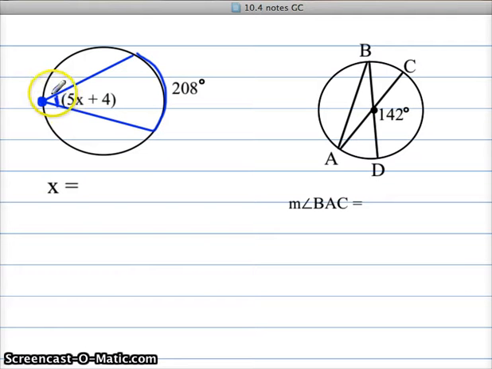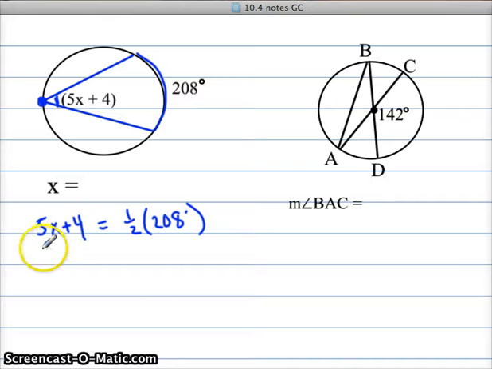So this angle of 5x plus 4 will be half of 208. So the angle 5x plus 4 is equal to half of the arc, 208.